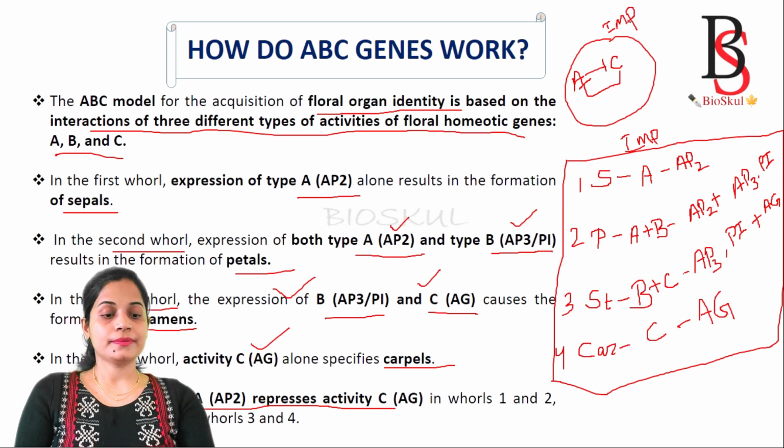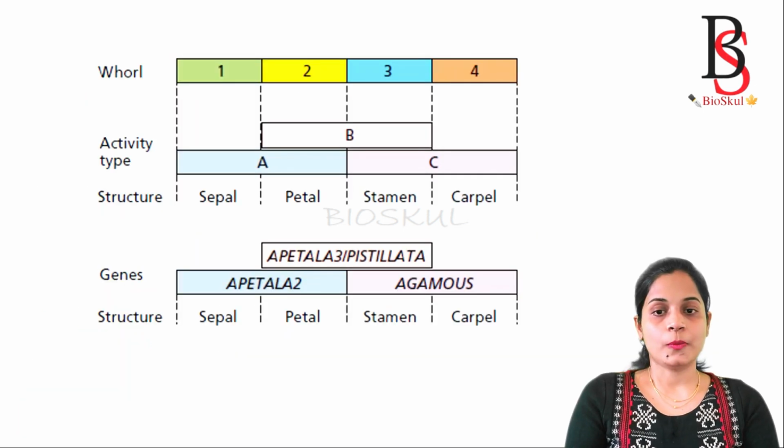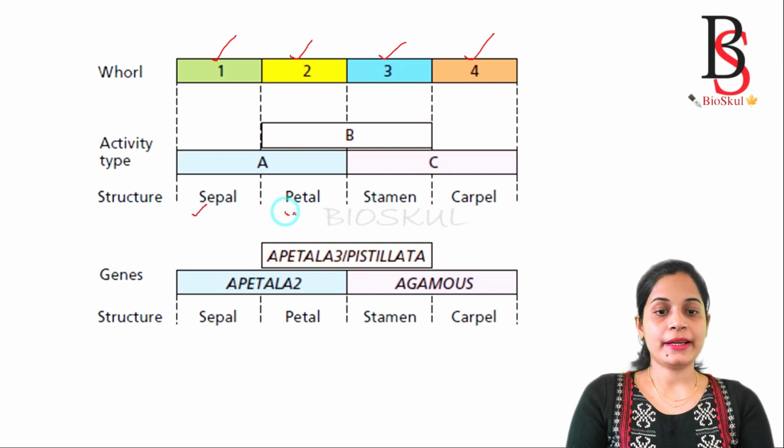Okay, so here in the diagram you will see there are the four whorls, 1, 2, 3 and 4. We know that the first whorl is the sepal, the second whorl is known as the petals, the third whorl is the stamen and the fourth whorl is carpel.